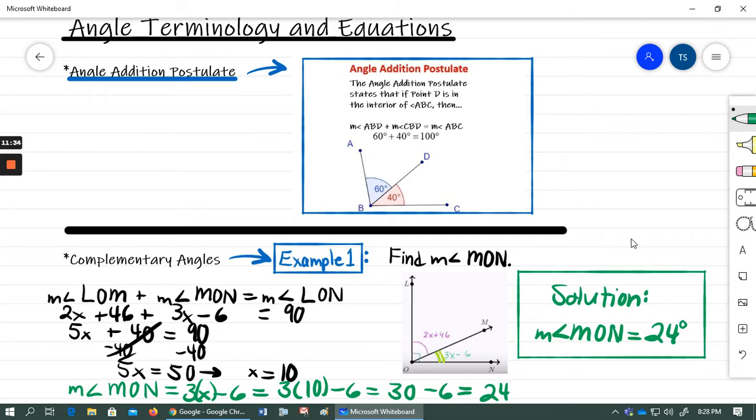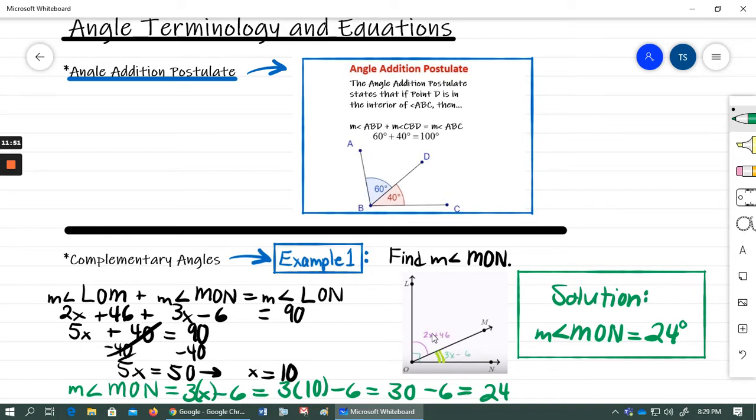What I do know is that when there are more than two angles that add up to 90 degrees, for instance, if there were three angles here that added up to 90 degrees, we would definitely not call those three angles complementary angles.